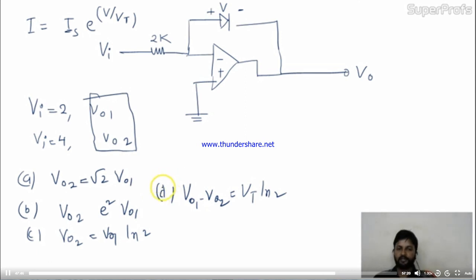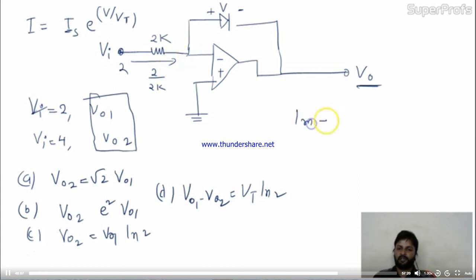Now let's find out V01 and then V02, one by one. V01 is the voltage at the output stage when input is 2 volt. When input is 2 volt, the current in the circuit is 2 by 2K, that is 1 by 1K, that is 1 milli.